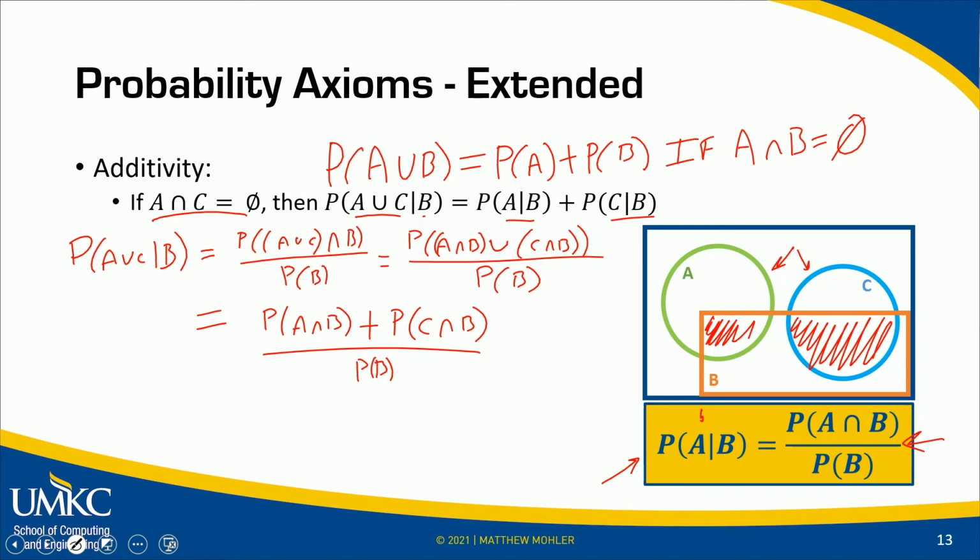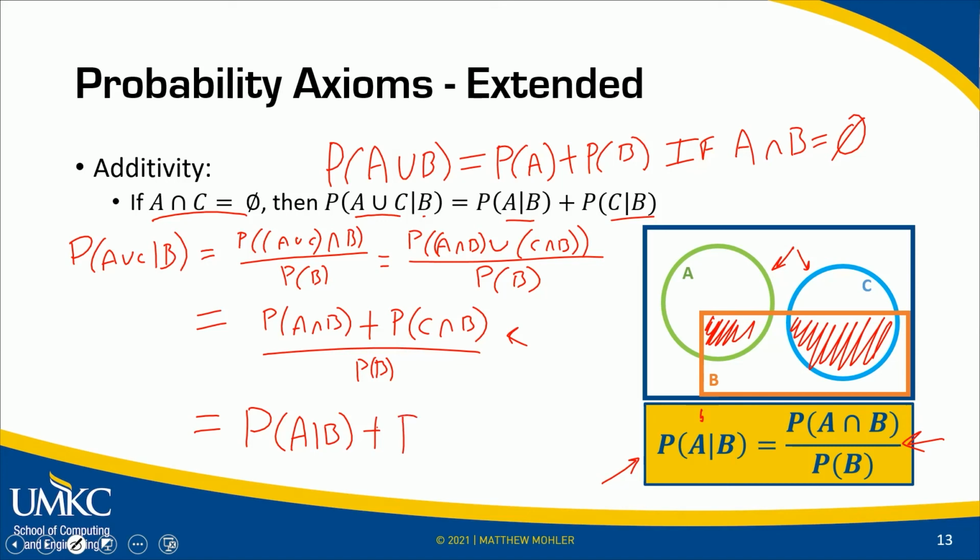That's our definition of a conditional probability. So the left-hand side is just the probability of A conditioned on B, then a plus in the middle. On the right-hand side, we have the probability of C intersected with B divided by the probability of B, which is just the probability of C conditioned on B.